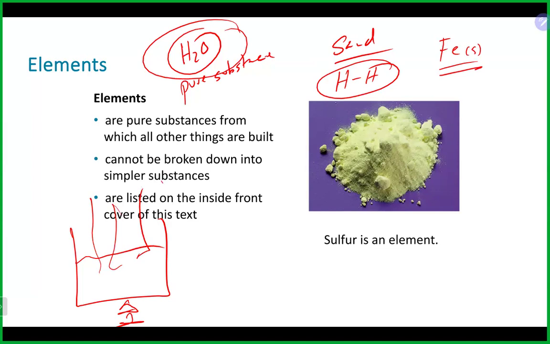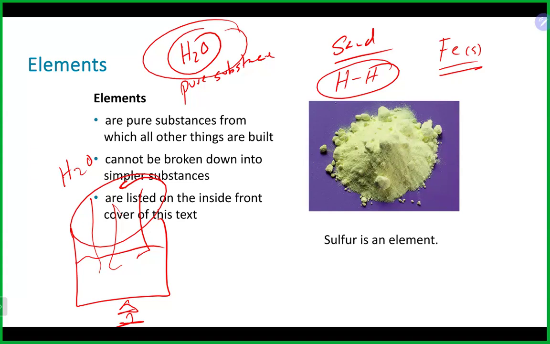Is the steam still water? Steam is still water, right? You didn't make anything new. You didn't break it apart. It's just a physical change. If it was a chemical change and you broke that into hydrogen gas and oxygen gas, good luck getting to the pasta part of the evening. It's not going to happen for you. It's going to probably explode on you. So obviously, with physical changes, what we have and what we end up with are basically the same thing.